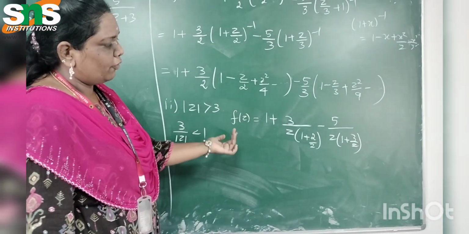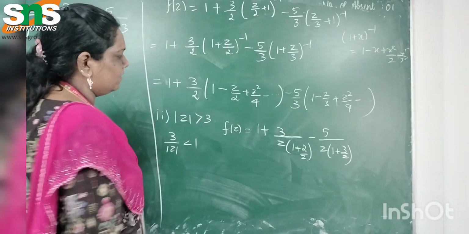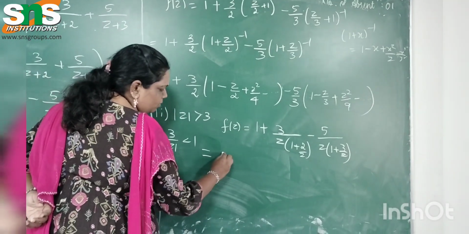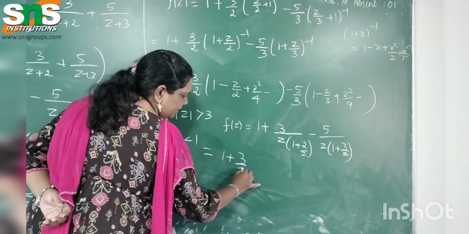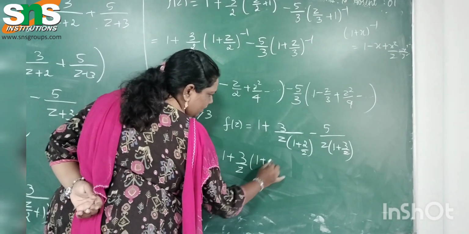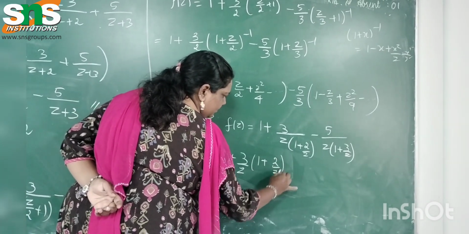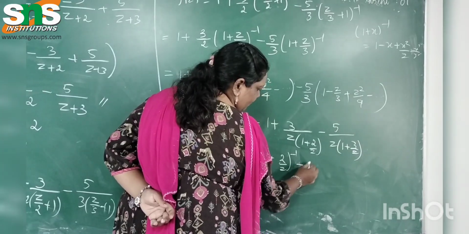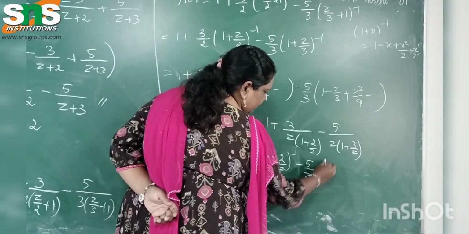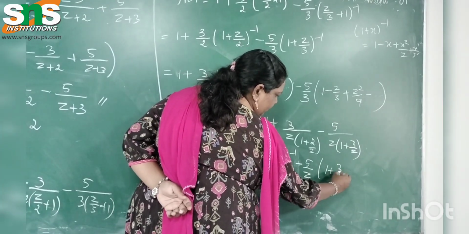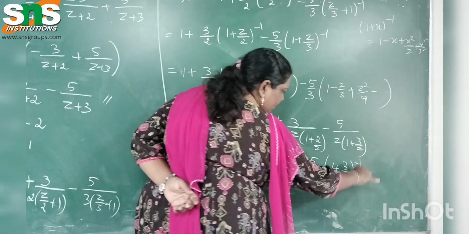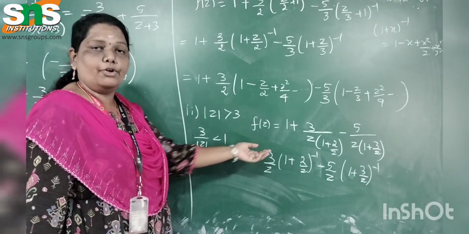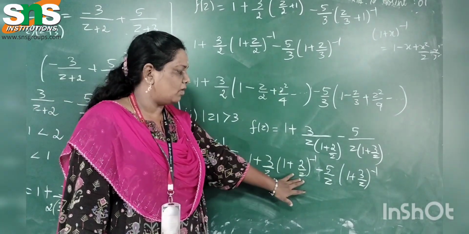So now we are going to write in the same format, which is equal to 1 plus 3 by z into (1 plus 2 by z) power minus 1, plus minus 5 divided by z (1 plus 3 divided by z) power minus 1.